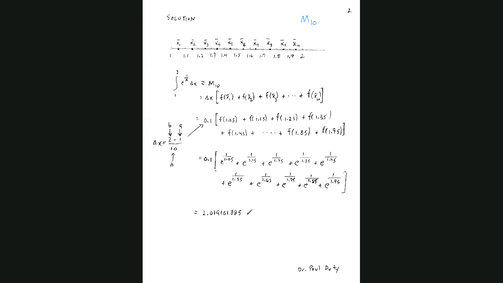First of all, I'm going to give you a chance to copy that down, and you notice from 1 to 1.1, I have right between 1 and 1.1 an x1 bar. What would x1 bar be, from 1 to 1.1? I don't have a number written for x1 bar, but what is x1 bar equal to? What value?